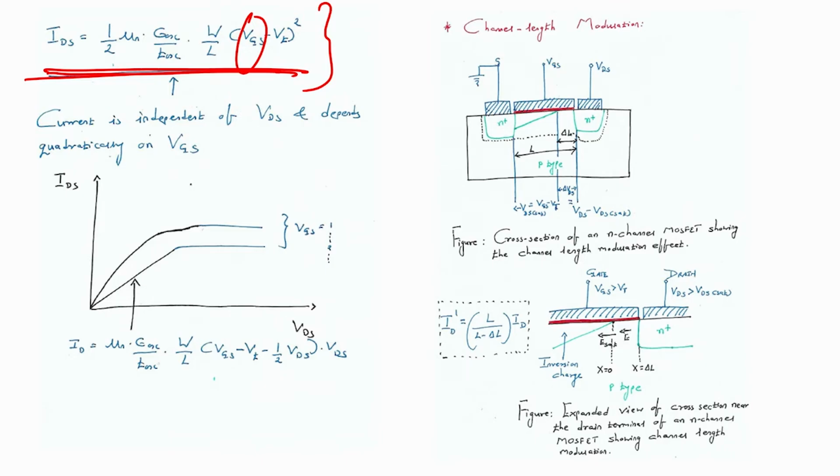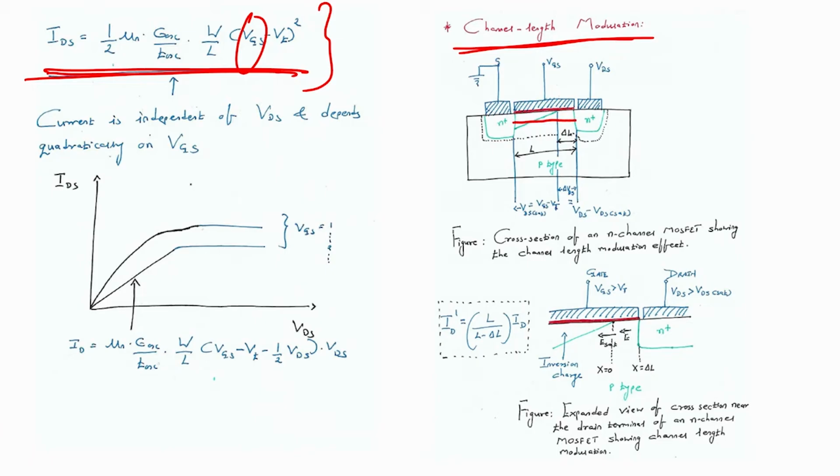So, if I now consider, let us see what is channel length modulation. What is channel length modulation? I have the channel initially, you can see here initially there is a channel like this.